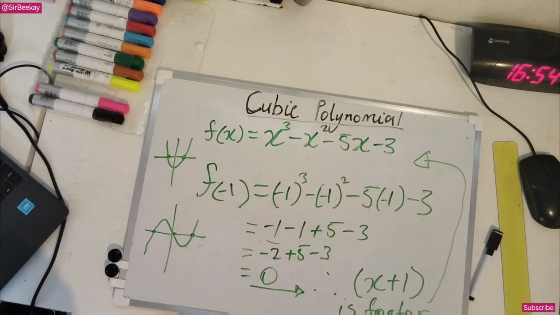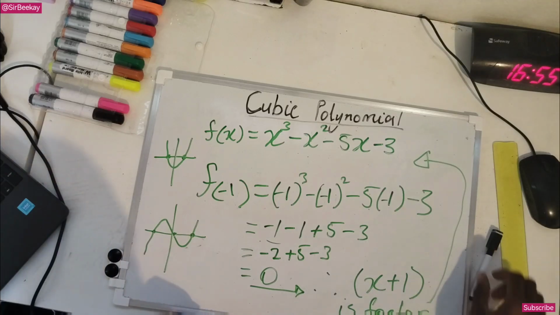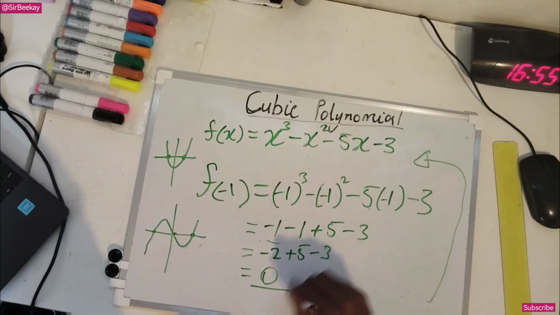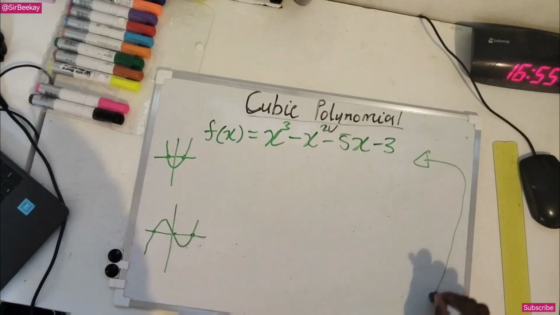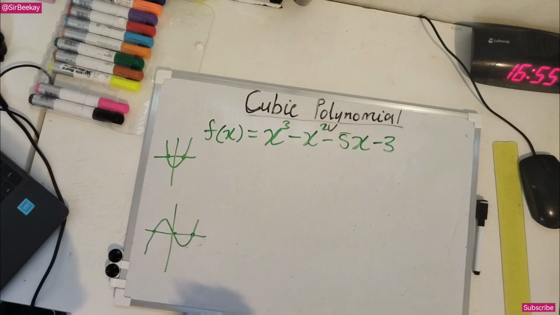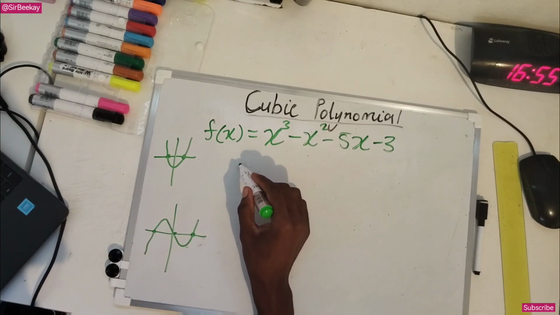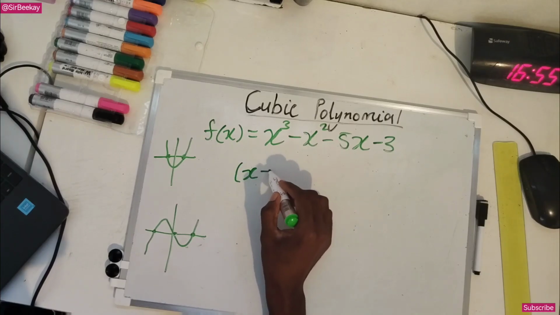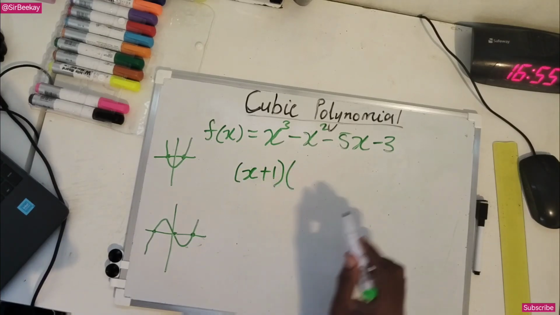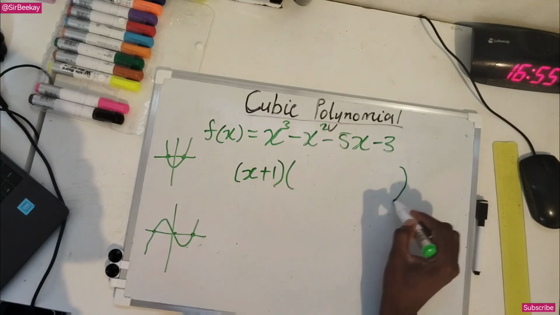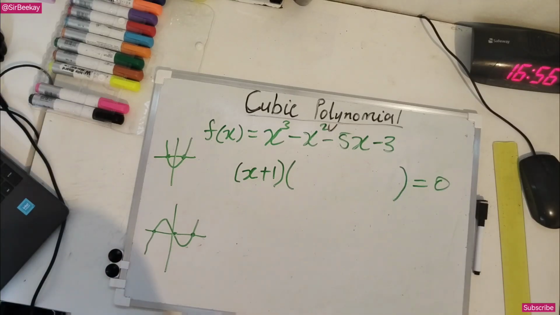Okay. Now that we have found our factor, all right, let us erase this. Now that we have found that x plus 1 is a factor, remember, we need to have 3 factors.